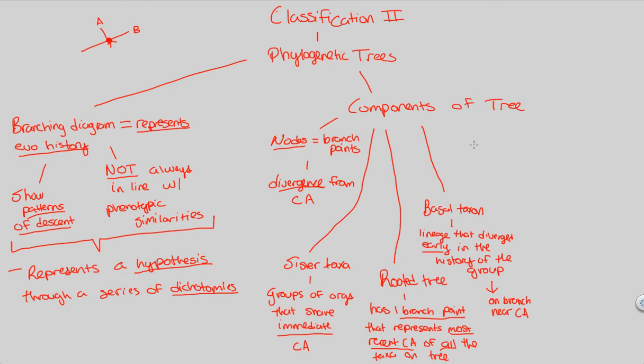Moving forward, we also have not necessarily a component of a tree, but a characteristic of a tree, and that is the idea of a polytomic tree, or polytomy. Polytomy is when we have a tree in which the evolutionary relationships are not quite clear. And this is not good, actually. This is not something phylogeneticists would want or prefer, but it's good for you to understand because when you notice a polytomic tree, a tree that displays polytomy, you can say to yourself, this is a bad tree.